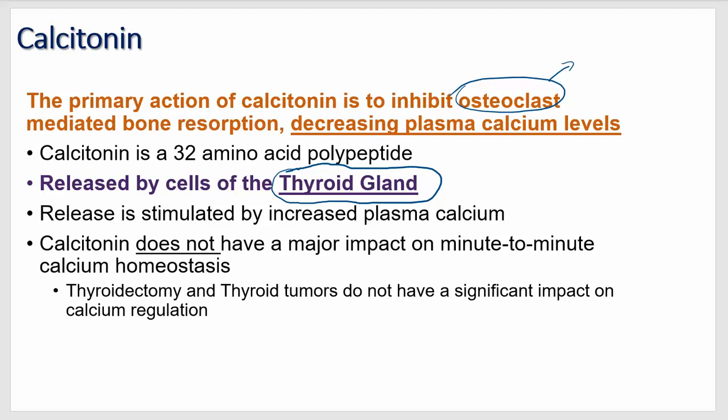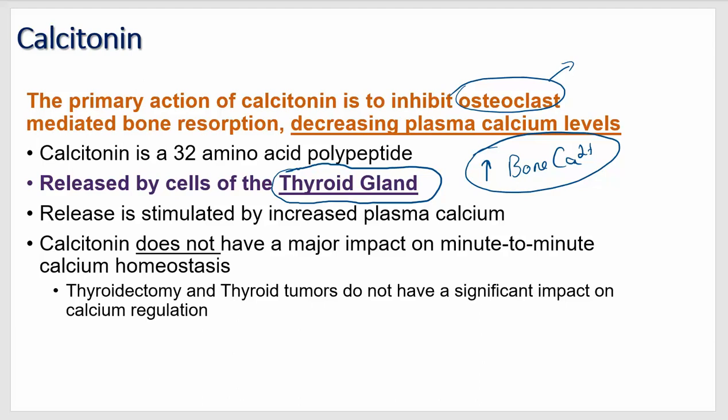It doesn't want to increase calcium level. It wants to increase bone calcium. I knew there was something wrong with how I was saying that. So we're preventing the bone from breaking down, which means that we're keeping the calcium in the bone. I say that because a lot of times calcitonin is a treatment for osteoporosis, things like that, to prevent bone breakdown. So we want to keep that calcium in the bone.